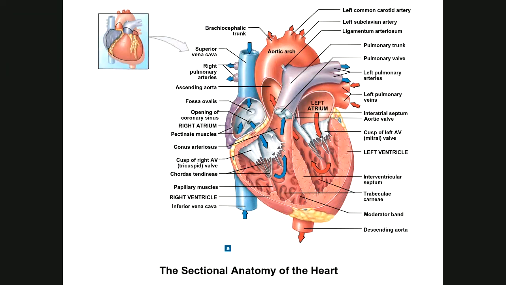And the poorly oxygenated blood comes into the atrium through the superior vena cava and the inferior vena cava.